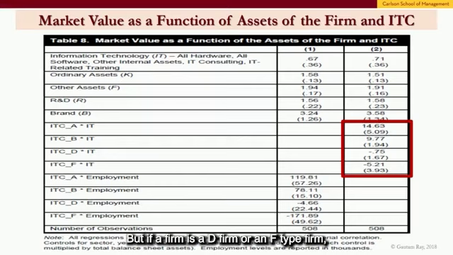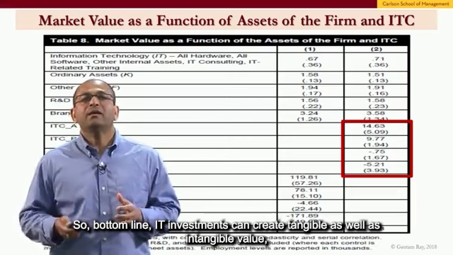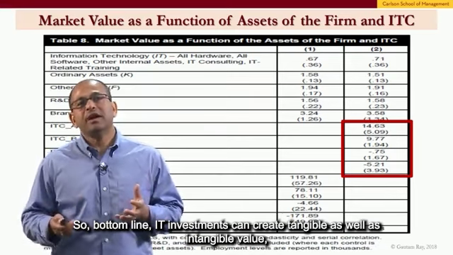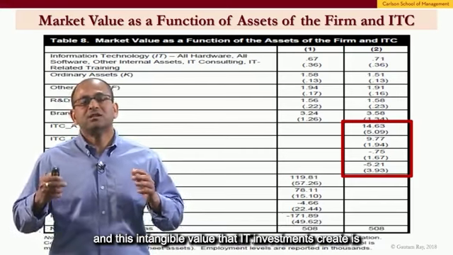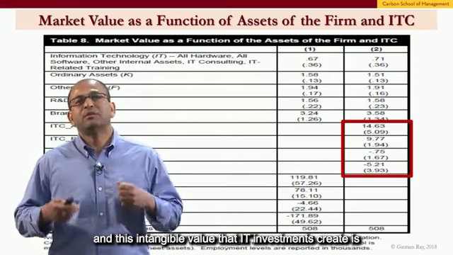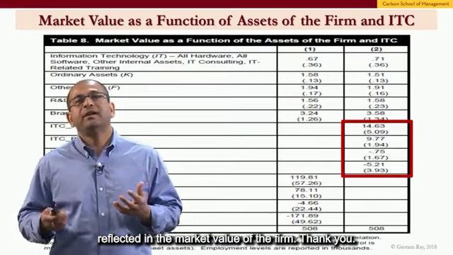But if a firm is a D firm or an F type firm, then IT investments decrease intangible value for the firm. So bottom line, IT investments can create tangible as well as intangible value, and this intangible value that IT investments create is reflected in the market value of the firm. Thank you.